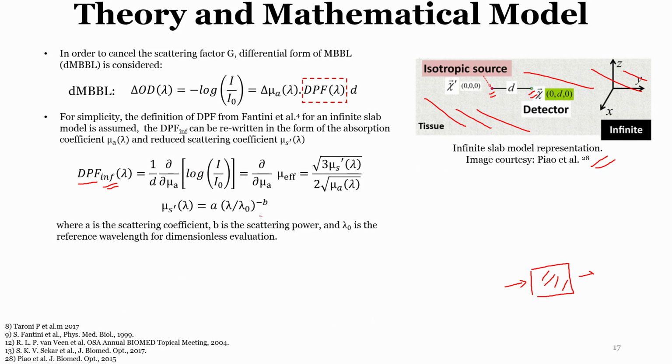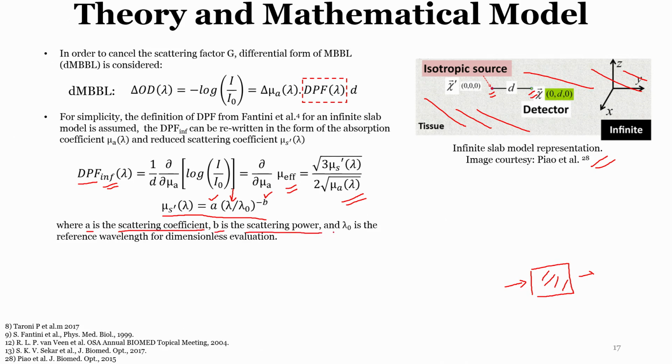Then I can write it in the form of the effective mu, that is the effective attenuation coefficient, with a derivative with respect to mu A, and finally I get this equation, where mu s prime is again related to the operating wavelength, and A and B are properties of the tissue, A being the scattering coefficient and B being the scattering power.